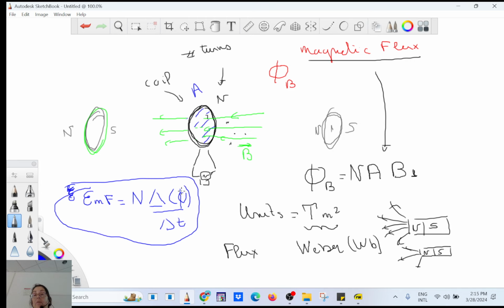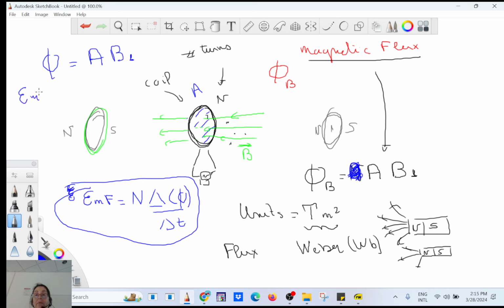Again, how do we define phi? I'm going to remove the number of loops here because it's there. So I'm going to say that the magnetic flux is the area times the magnetic field. And I suppose the magnetic field is perpendicular to the area.